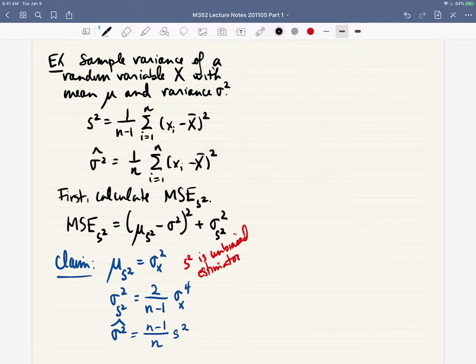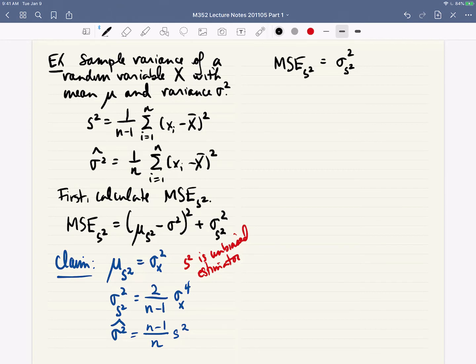So for our purposes in this calculation, this means that the mean squared error of the sample variance equals the variance of the sample variance.